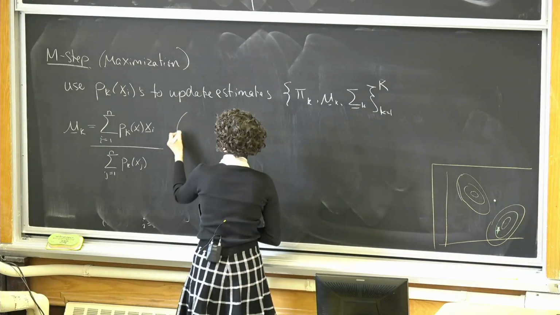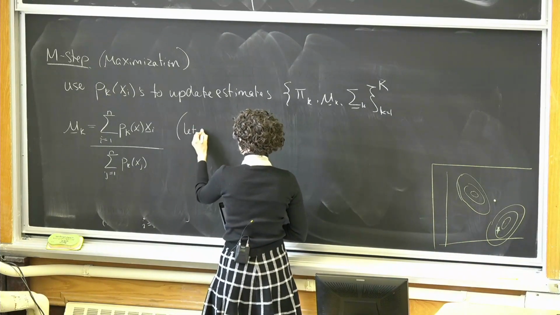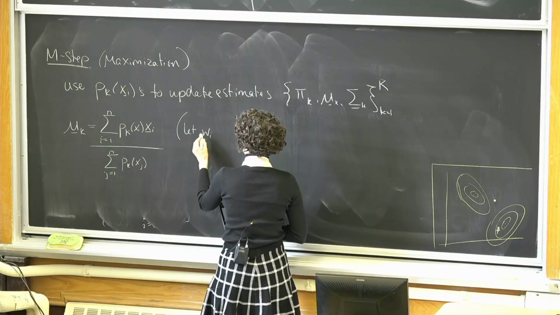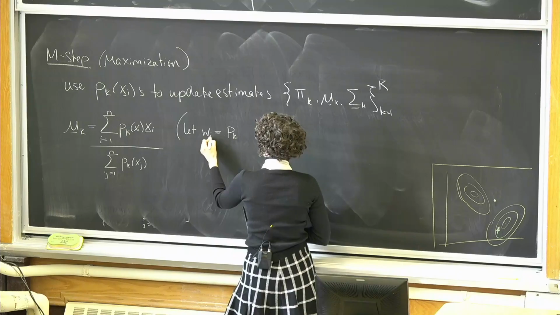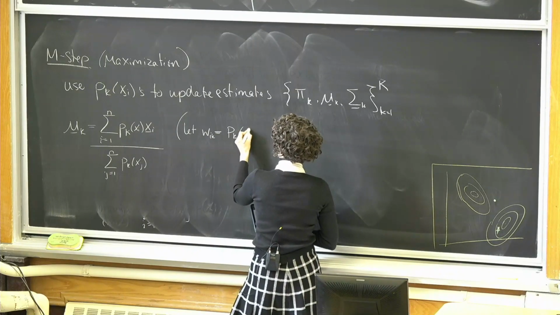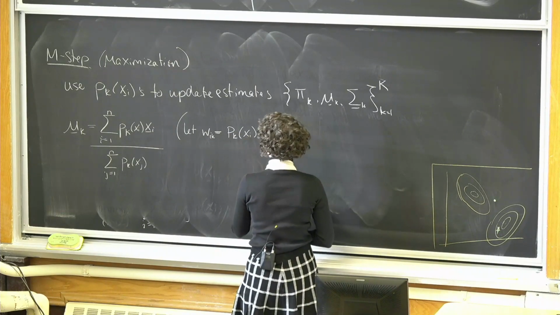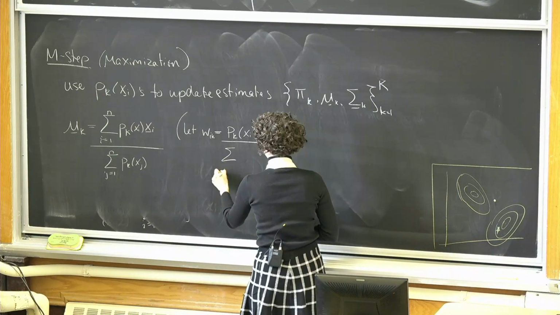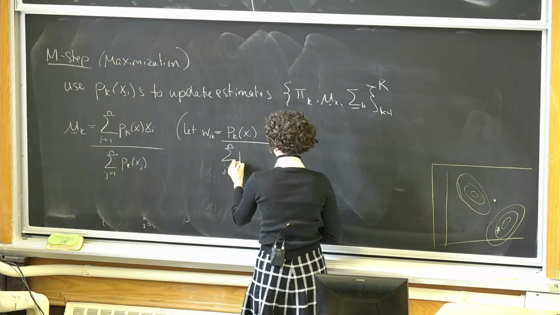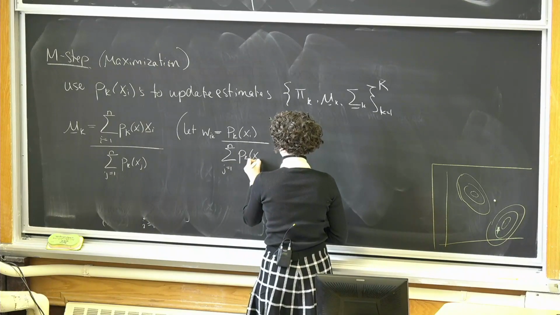So this is like saying, let w_ik be equal to p_k(x_i) divided by the sum j equals 1 to n of p_k(x_j).